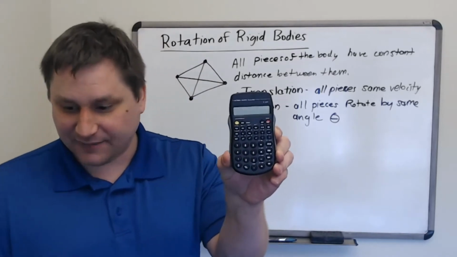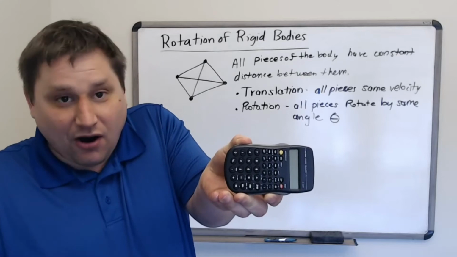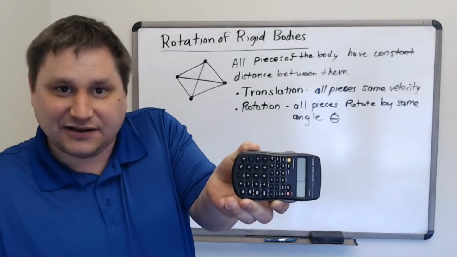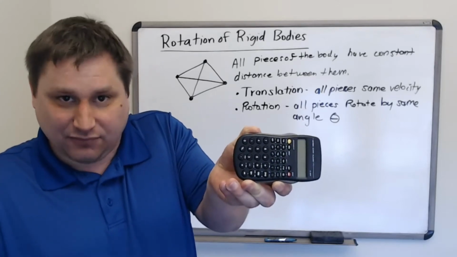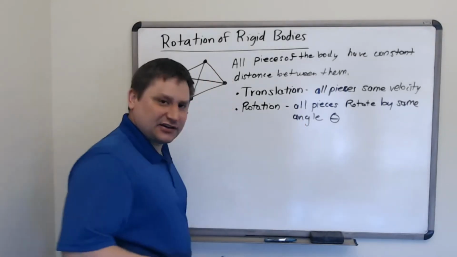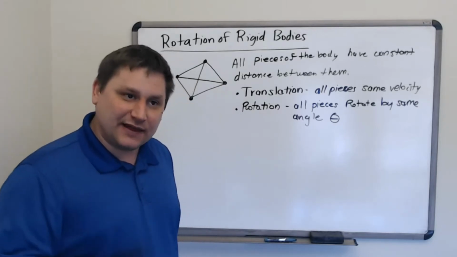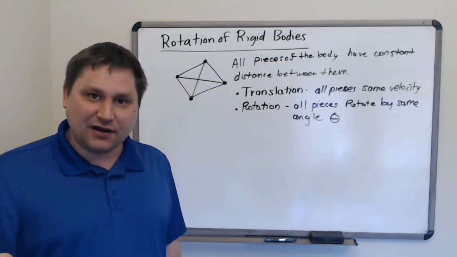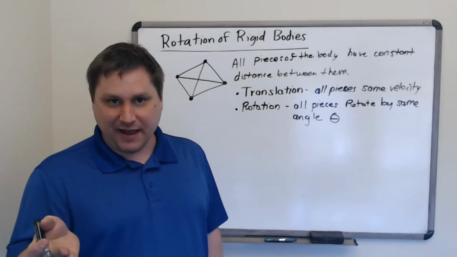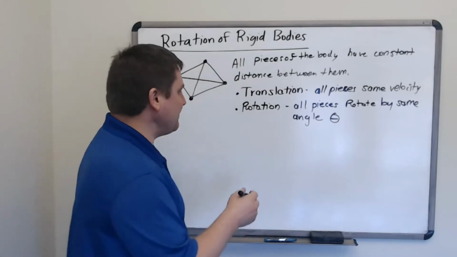So if I take my object again and I rotate it by 90 degrees, all of the pieces rotate by 90 degrees around some central point. A direct corollary to this is if the rotation happens over time, then in a given interval of time, all the pieces must rotate by the same angle in that interval of time. And that applies to any interval of time.